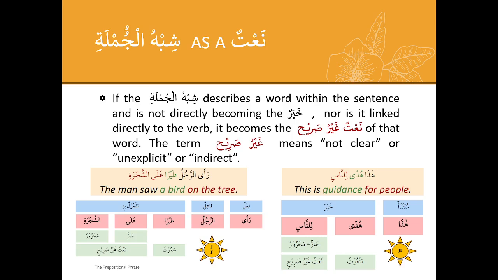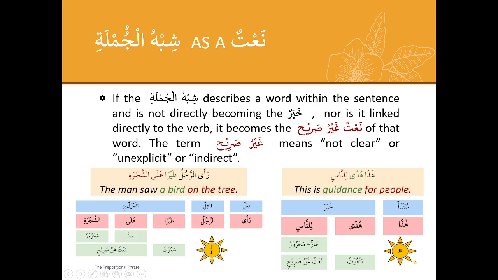So that's even more complex. We have to break it down bit by bit. A woman saw a ball stuck on the tree. Yes, you can say that. So the ball is described as being on the tree.